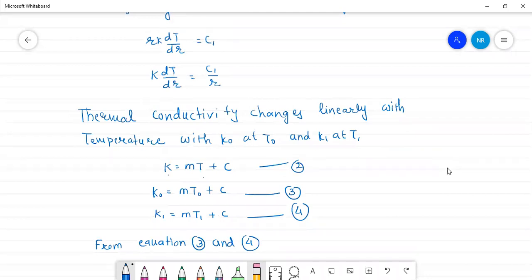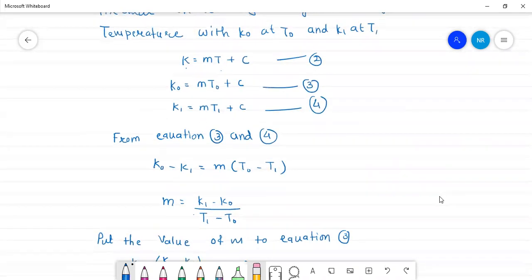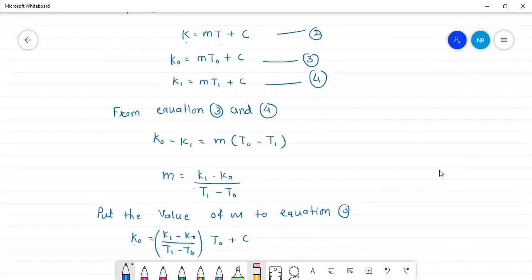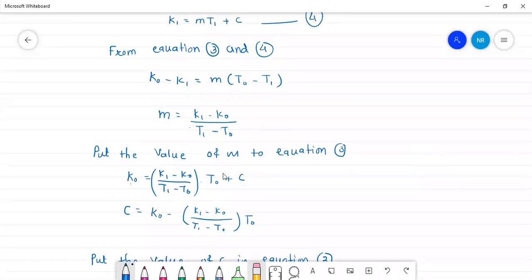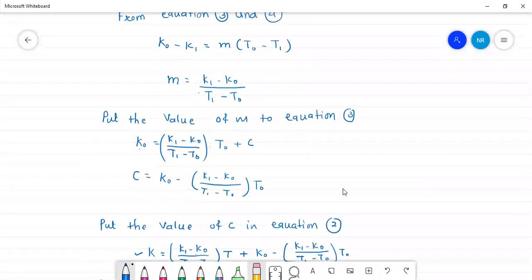If we subtract equations 3 and 4, we find the value of the slope, that is (K1 minus K0) divided by (T1 minus T0). And once we put the slope in any equation, we find the value of the constant C, which is K0 minus (K1 minus K0) divided by (T1 minus T0) multiplied by T0.